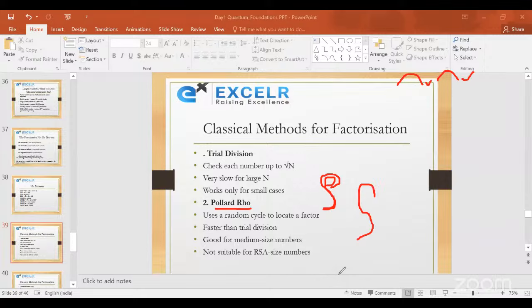So this is a random cycle. We can find the factor, or we cannot find it, in one or two or five cycles like that. But yes, this is also a classical algorithm, which people from the IT field have suggested.